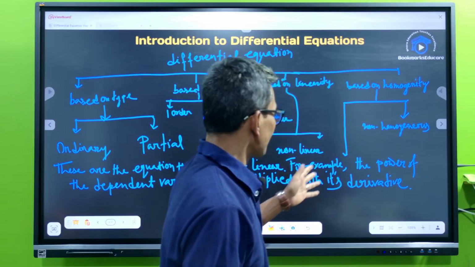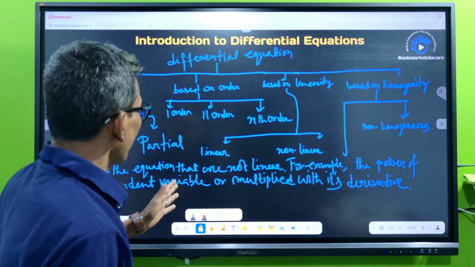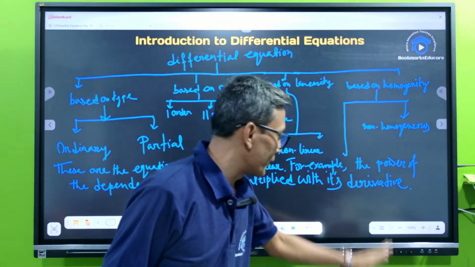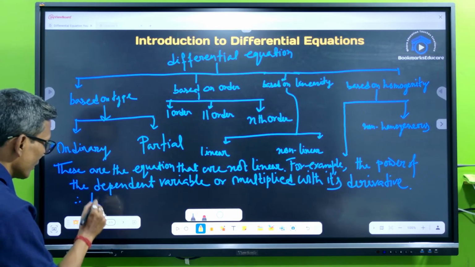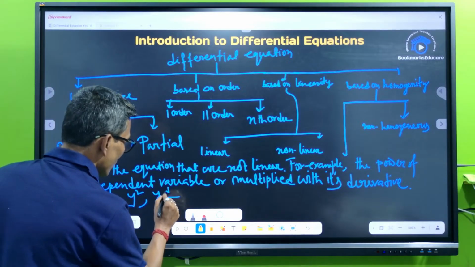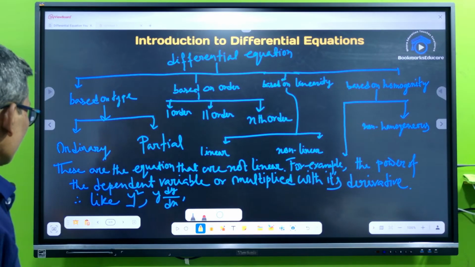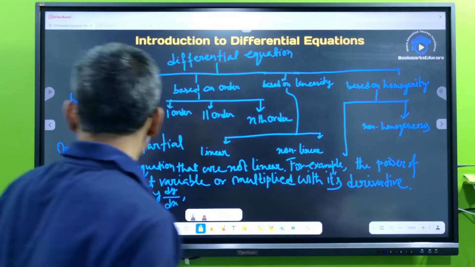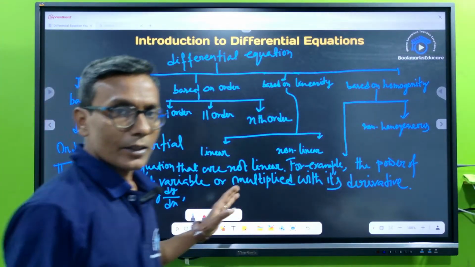For example, the power of the dependent variable, or it is multiplied with its derivative, like y square, y into dy by dx, etc. The non-linear differential equations are the equations that are not linear, and in which the power of the dependent variable or its multiplication with its derivatives is present.